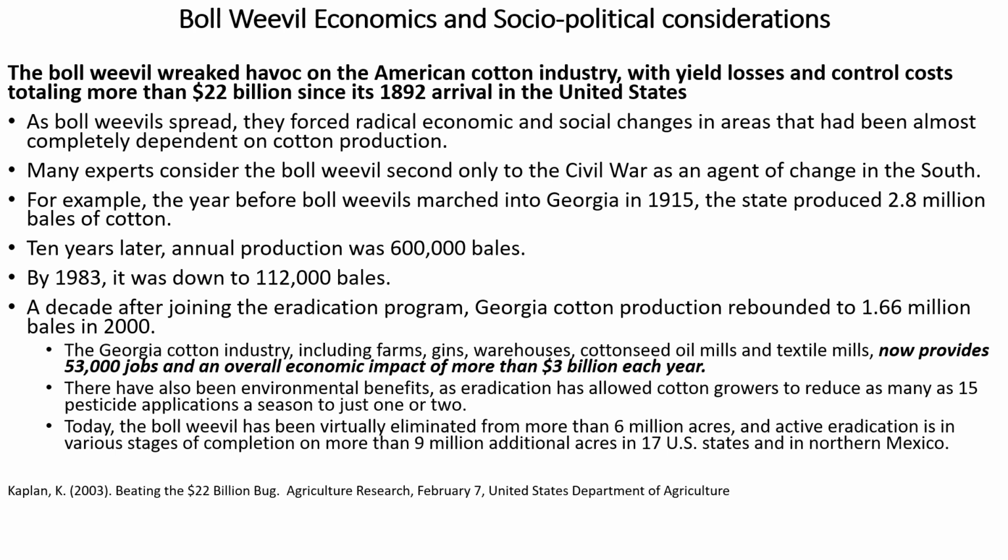There are a lot of socio-political considerations with the boll weevil affecting all our crops. Here in Georgia alone, in 1915, we produced 2.8 million bales of cotton. By 1925, it was down to 600,000 bales. And by 1983, it's 112,000 bales.